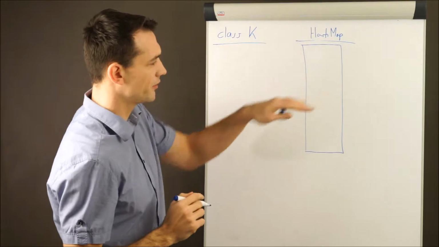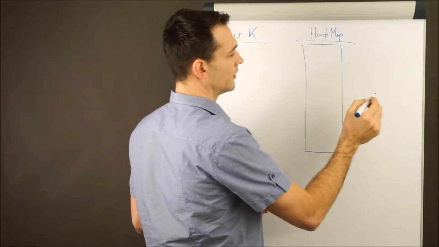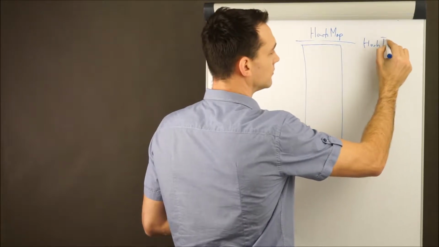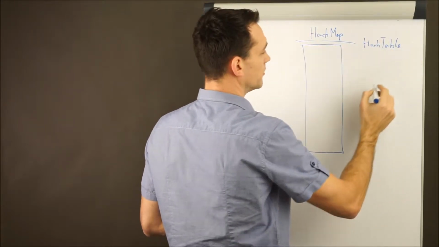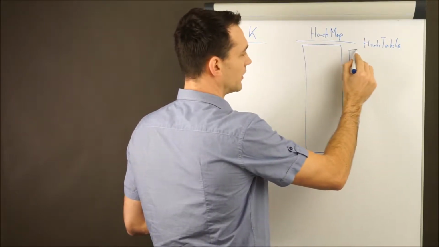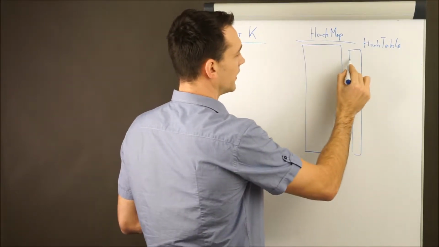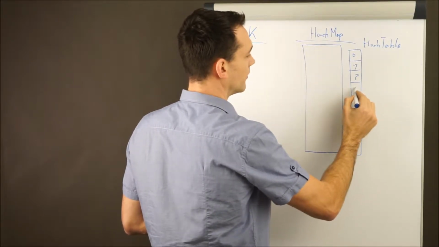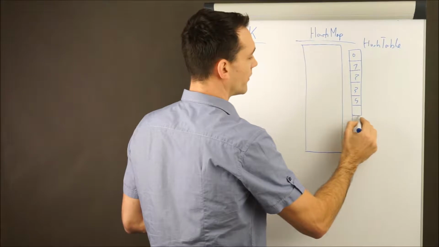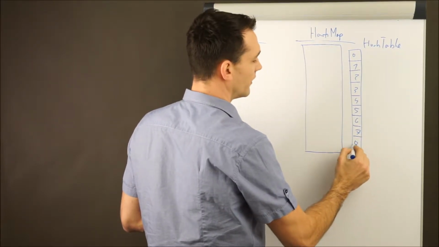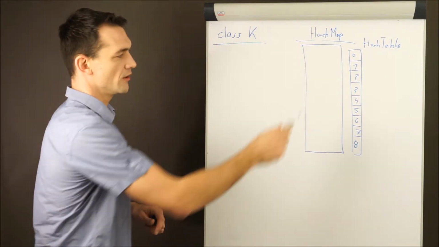HashMap internally is using a hash table. For now, let's declare a capacity of it like 0, 1, 2, 3, 4, 5, 6, 7, 8 elements. Actually 9 elements.